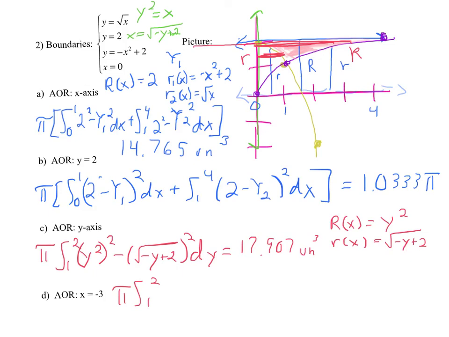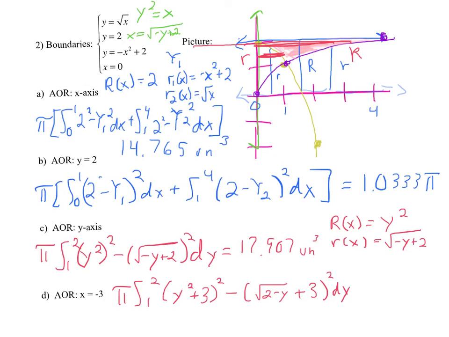So that will be y squared minus a -3, or plus 3, quantity squared. And then my small radius will be the square root of, easier to write, 2 minus y, minus a -3, so plus 3 squared dy.